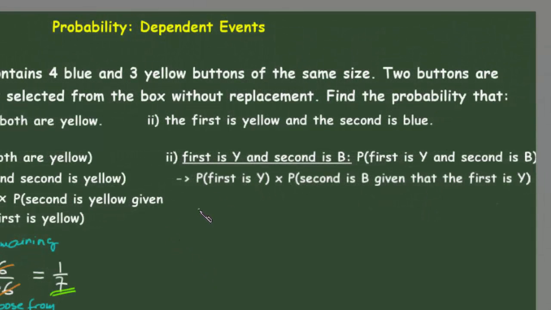The probability of picking the yellow button is 3/7, times what remains in the box, 6 buttons, and now we're picking out of 4 blues, so we have 4/6. Because here there are 4 blues in the box, and here we have 6 to choose from.